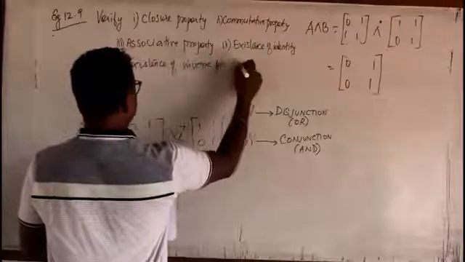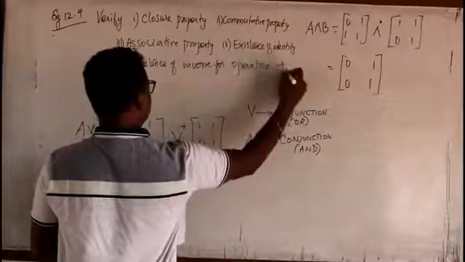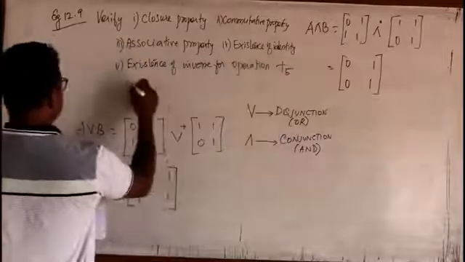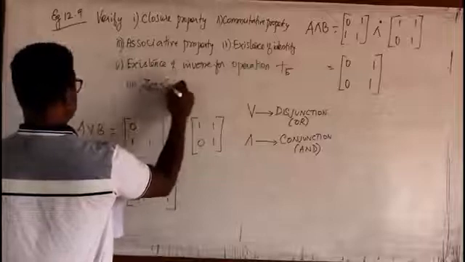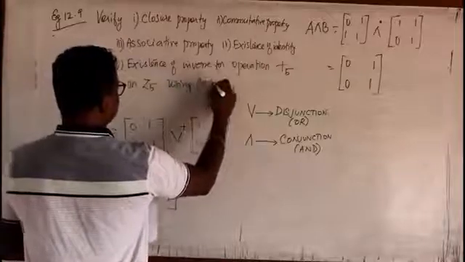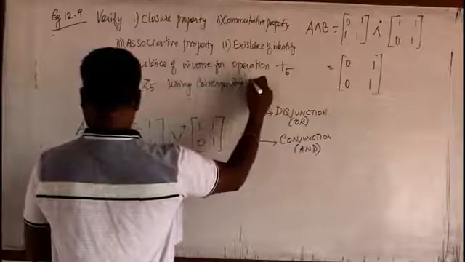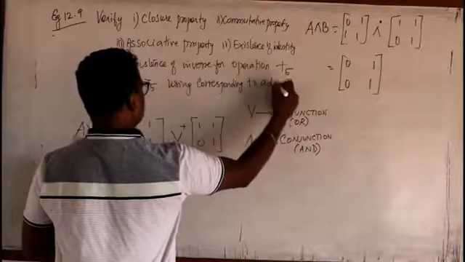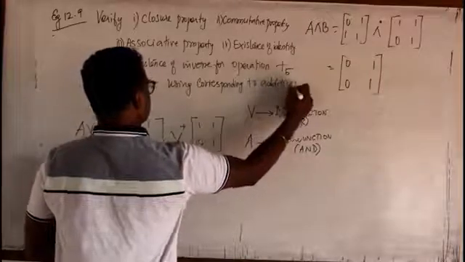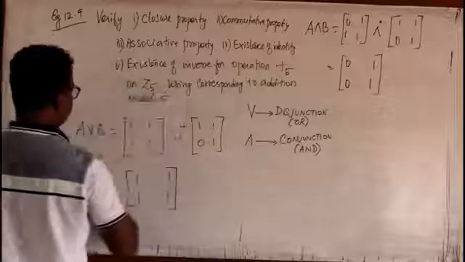For the operation, here the operation is plus 5 on Z5, corresponding to addition modulo 5.